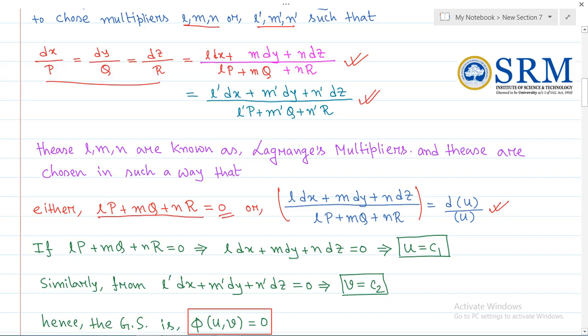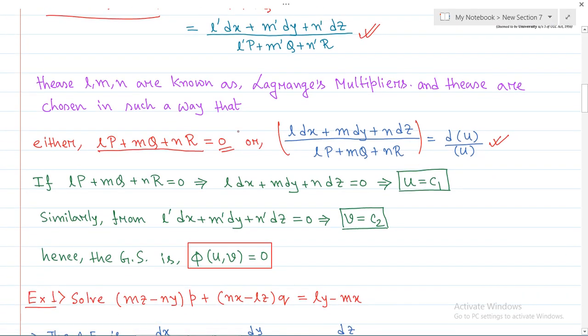Now suppose lP plus mQ plus nR is going to be 0, that is the denominator term is 0, then what will happen? We take this factor with any other factor, maybe dx by P, dy by Q, dz by R. From there we get l dx plus m dy plus n dz exactly equal to 0.